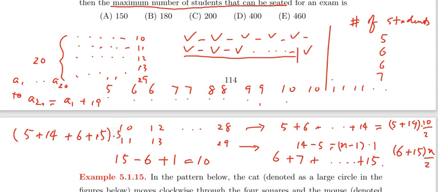Okay, so this is equal to 20, 20, 40. So there's 40 multiplied by 5. So the answer is 200. At the most, 200 students can sit.